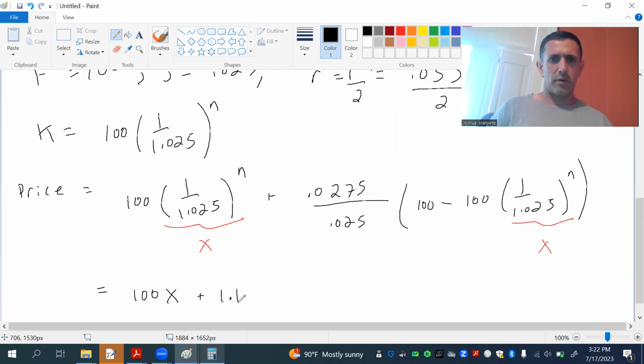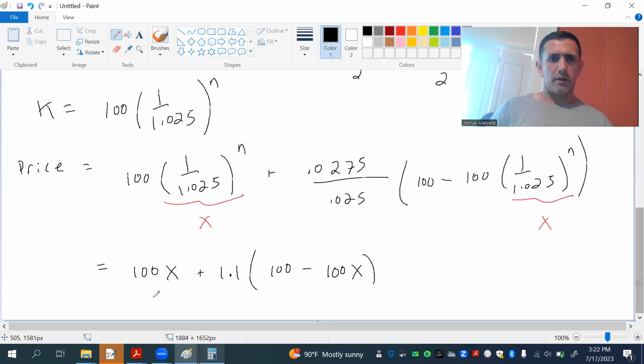Plus 1.1 times 100 minus 100x. Okay. So factor out the 100: 100x plus 110 minus 110x, and this becomes 110 minus 10x.